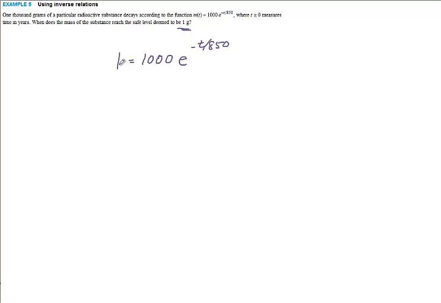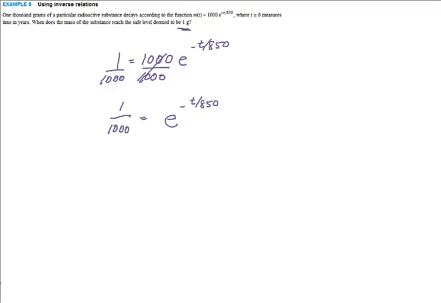In solving these logarithmic equations, I'm going to get the e, or the base, all by itself. So I'm going to divide both sides by 1,000, getting that e all by itself, and I'll have 1 over 1,000 equals e to the minus t over 850.